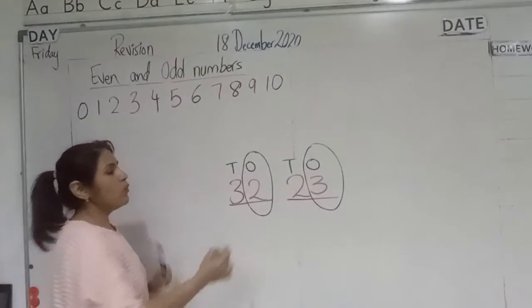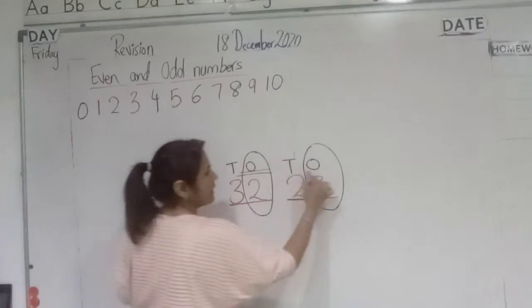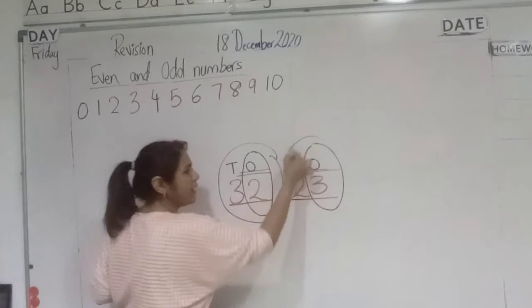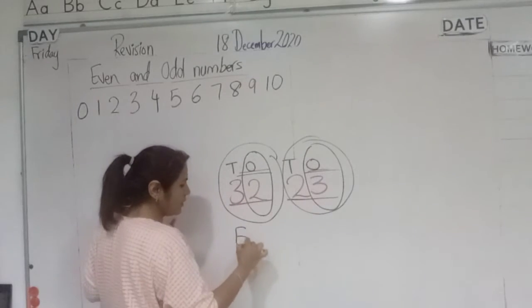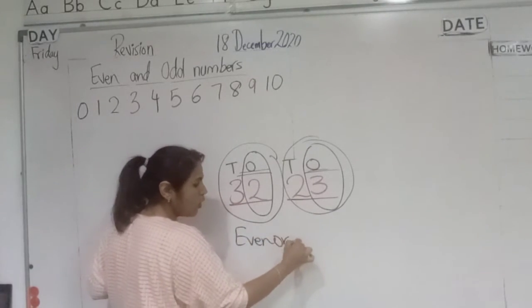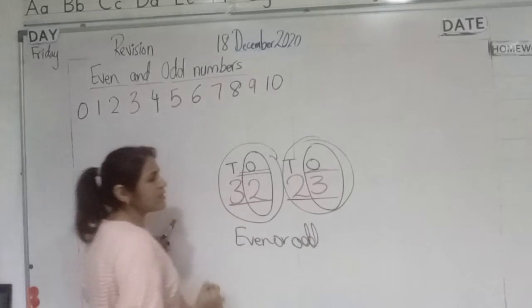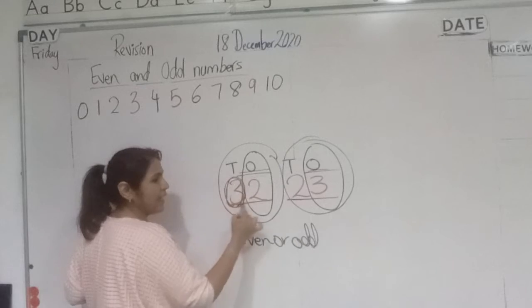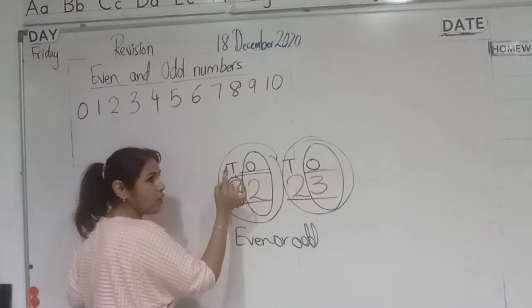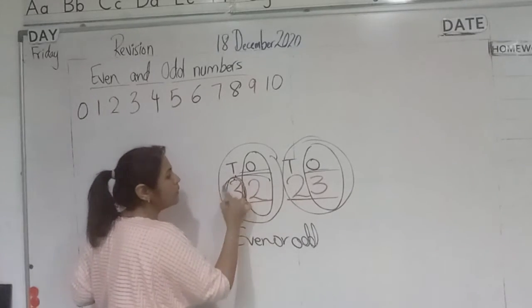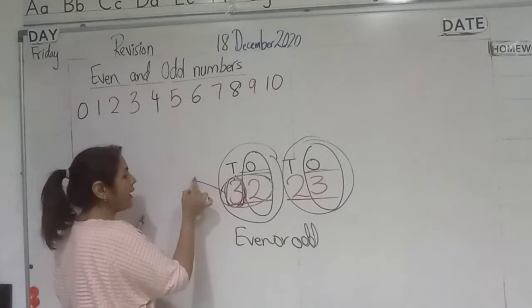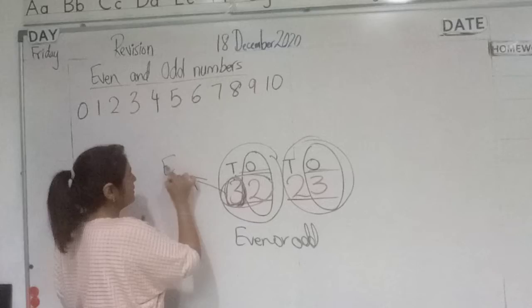The number at the ones place will decide whether the entire number is even or odd. Say for example 32. Though it is having 3 at the tens place, which is an odd number, this whole number is considered as an even number. Why is it an even number?